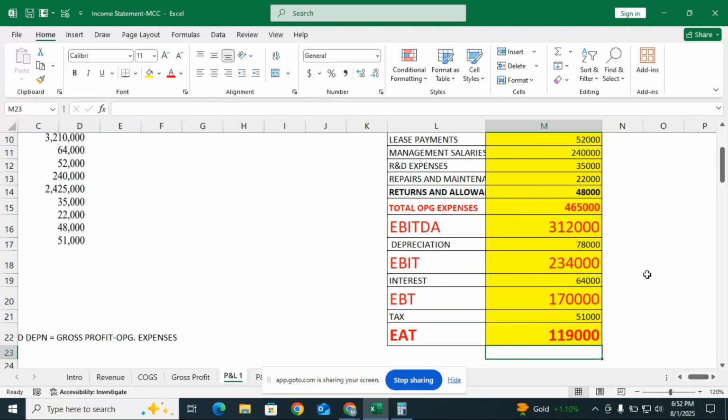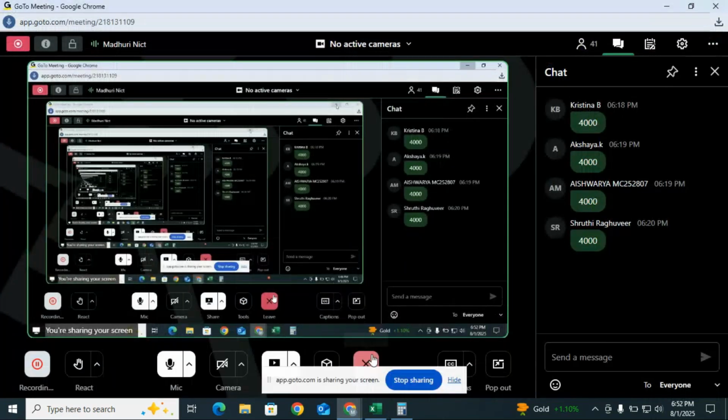In case you're unable to understand any step, let me know. So complete this table, arrive at the EAT.